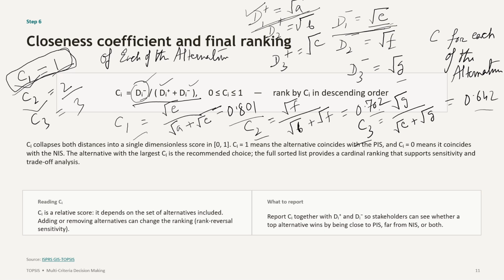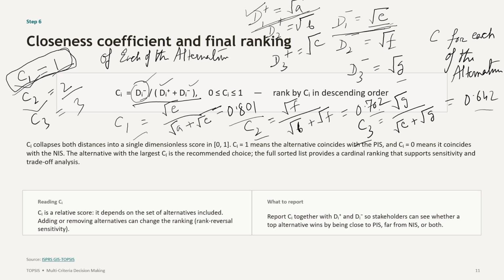This D actually indicates the distance from the ideal solution. For the positive ideal solution it is plus, for the negative ideal solution it is minus. So for each alternative you get a closeness coefficient. Compare the closeness coefficients. The alternative with the highest closeness coefficient wins the race. That means the alternative with the highest closeness coefficient is the selected alternative, the best alternative among the available alternatives.